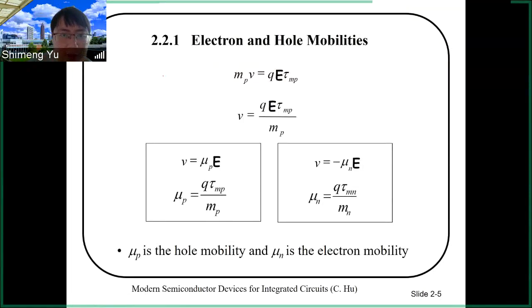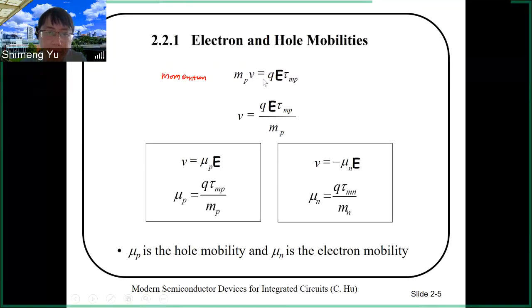The momentum, if you recall Newton's law, is given by mass multiplied by velocity. And then it's the same as the electric force applied during this tau m period. Here we talk about the hole, so we will use p to represent the mass for the hole, and tau mp is the average time between scattering for the hole.